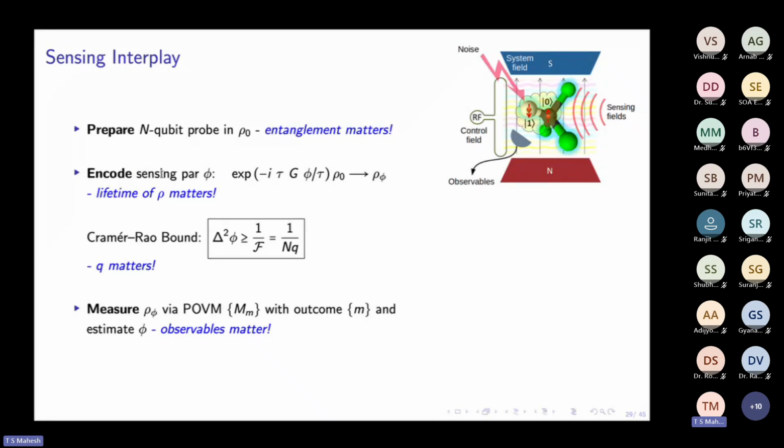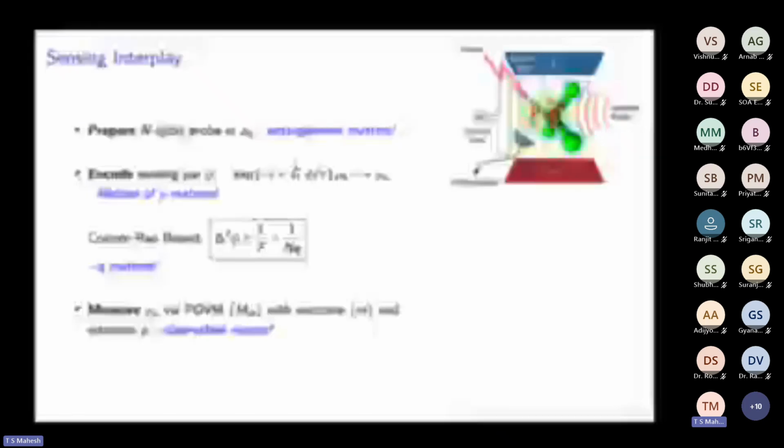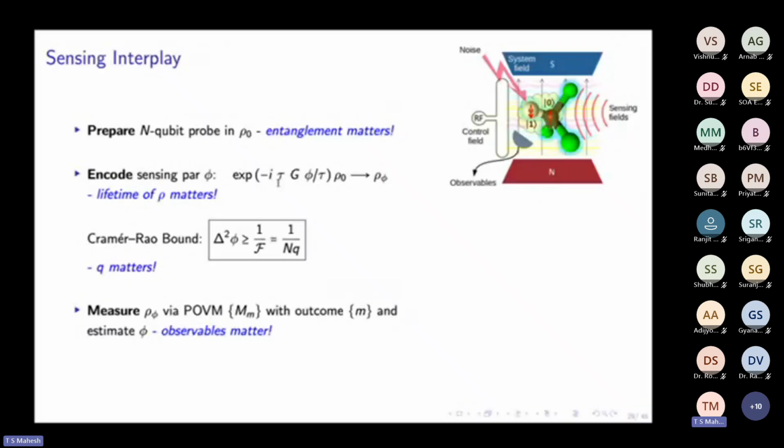You want to encode the sensing parameter phi in the density matrix, and then let that evolve for some time under the sensing field, because it has to get itself encoded. The quantum system should get encoded in the sensing field over some time tau. So this tau is important.